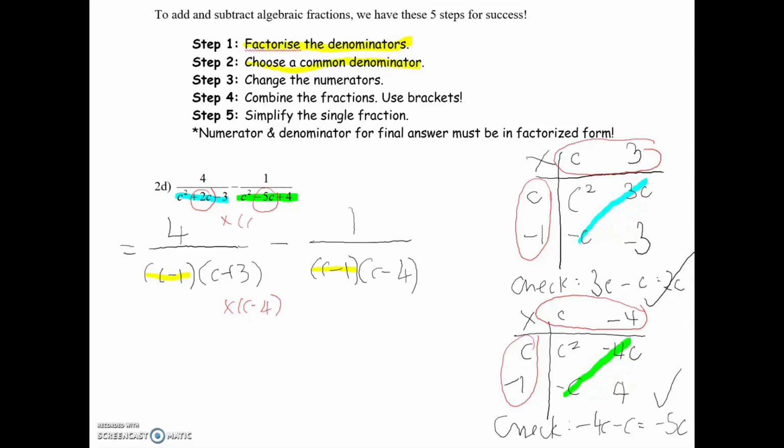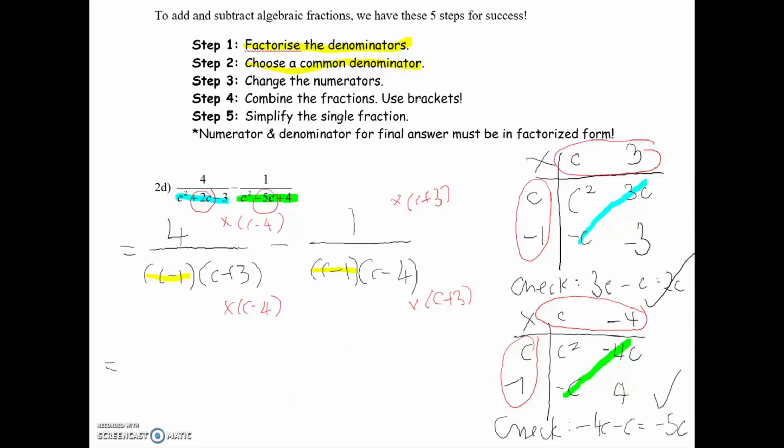We will do the same for the numerator. And for the second fraction, we need to multiply by c plus 3, such that the denominators of the first and the second fraction will be common.